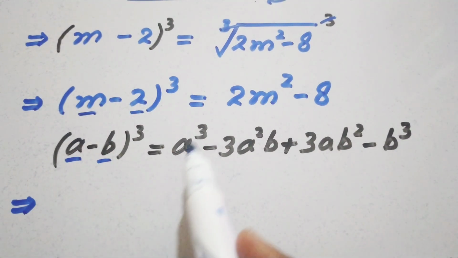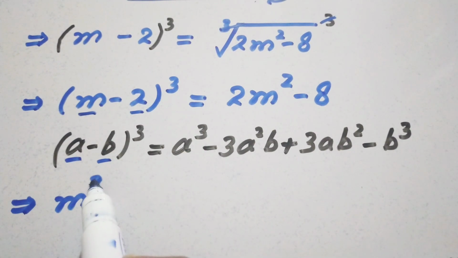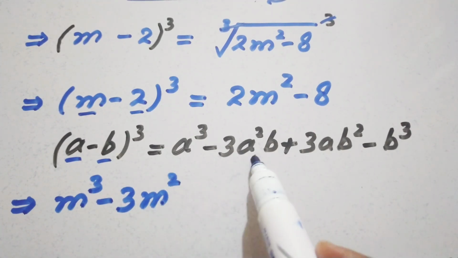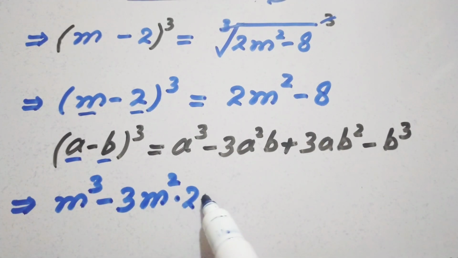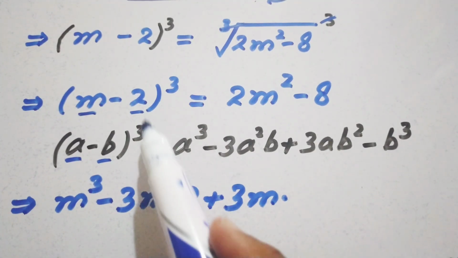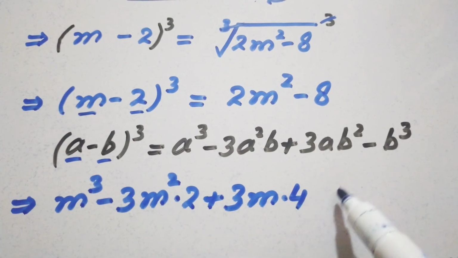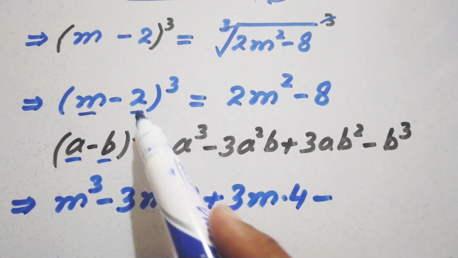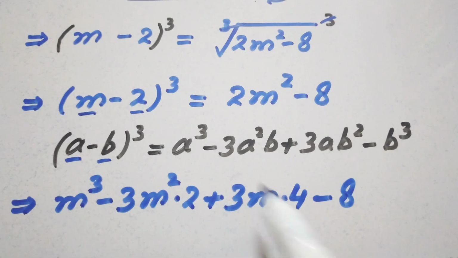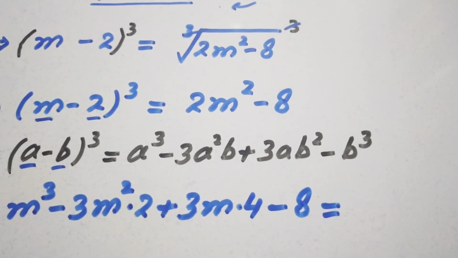So we will write this as a cube, which is m cube, minus 3a squared, which is m squared, and b, which is 2, plus 3a, which is m, and b squared, which is 2 squared gives us 4, minus b cube, 2 cube we get 8, is equal to 2m squared minus 8.